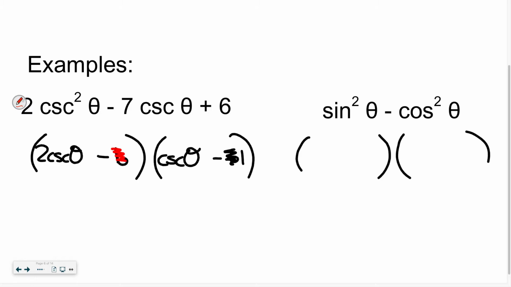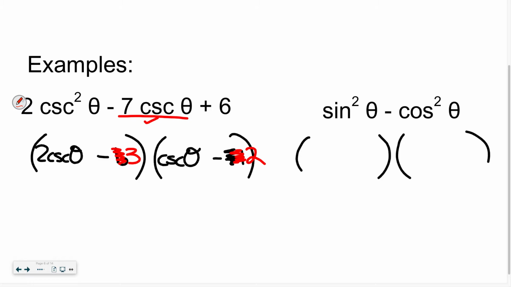So I'm going to make this one a 3 and this one a -2. So then I'll have -4 and -3. Yeah, that'll give me my -7, won't it? And then I'll get a +6 and I'll have the 2 cosecant squared. So that's kind of like guess and check, just finding the ones that work. But remember, it has to actually make your middle term.